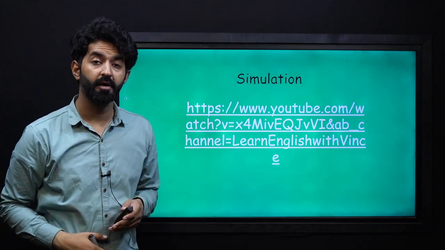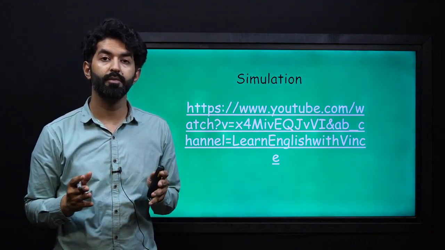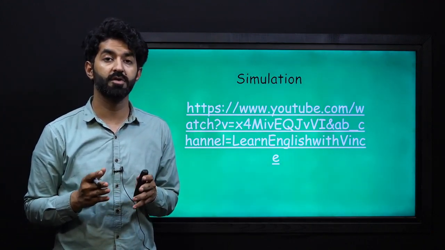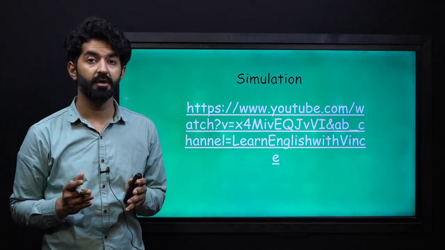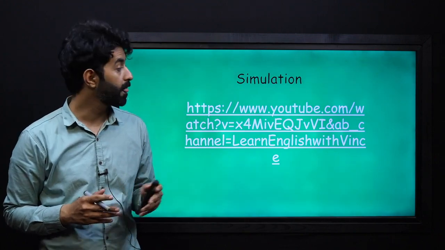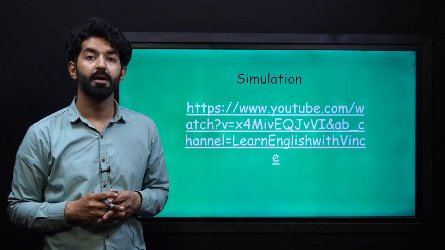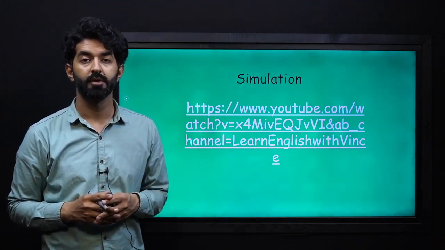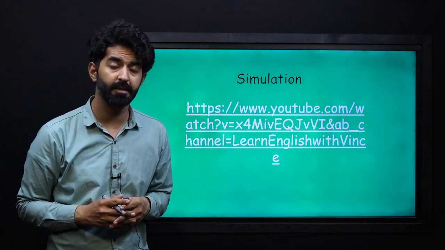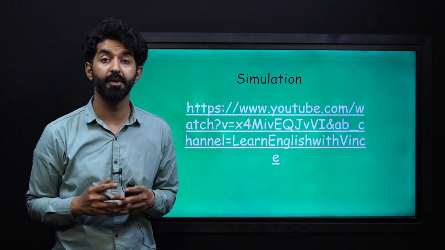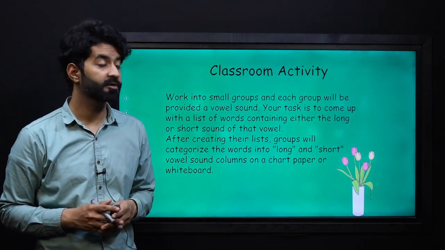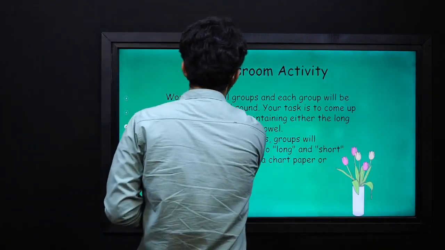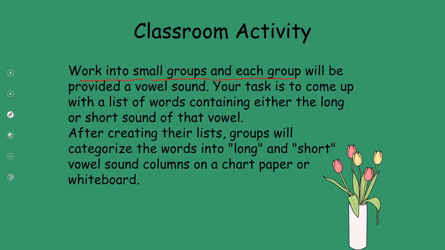So at the end, after reading all these examples of short and long vowels with the different phonetics, now that we are done with these, let's begin by playing this simulation video. You can play it anytime and learn more about the sounds and practice them further. My dear learners, for your classroom activity, you have to work in small groups, and each group will be provided a vowel sound.